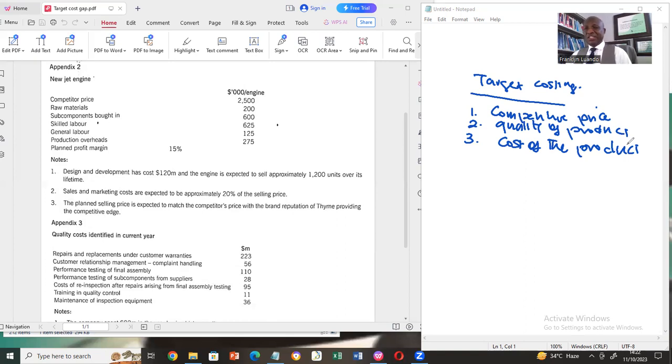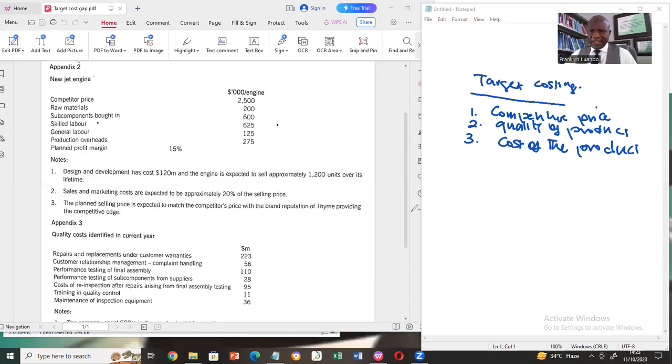The major advantage of target costing over traditional costing is that cost control and cost reduction for target costing begins before production starts, and normally most of the costs are phased out at the design stage, as opposed to the traditional costing system, which starts cost control when production has already started. So it has an advantage over the traditional costing system.